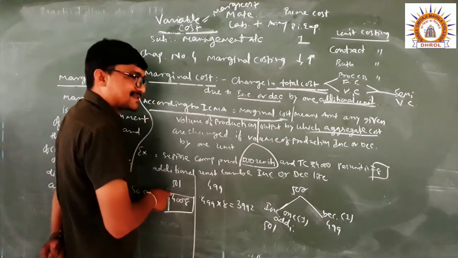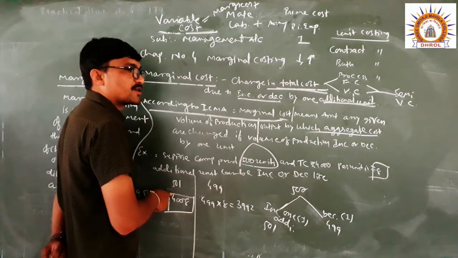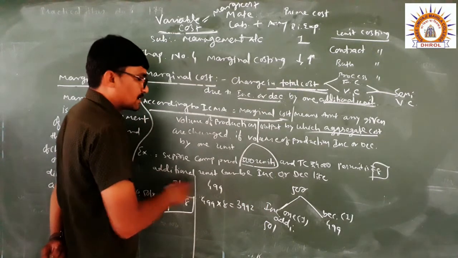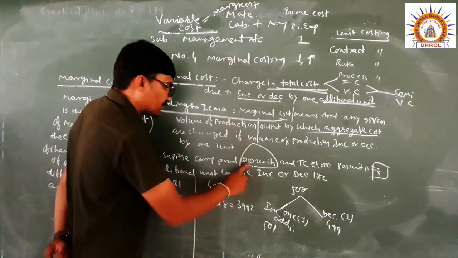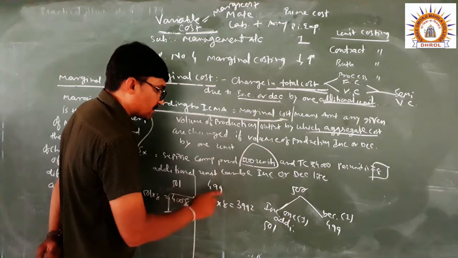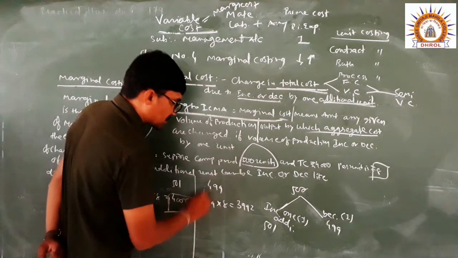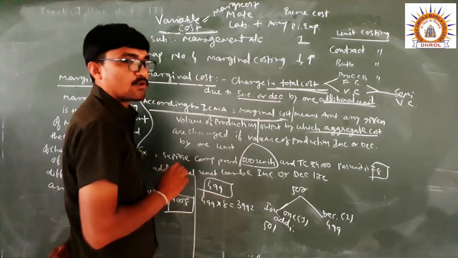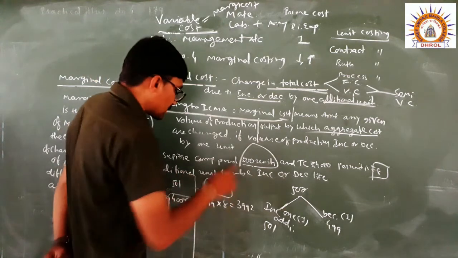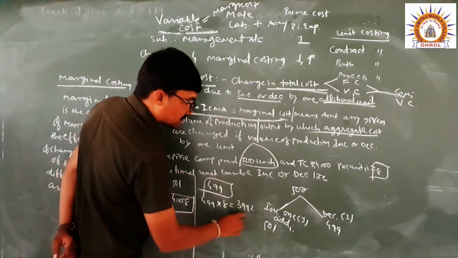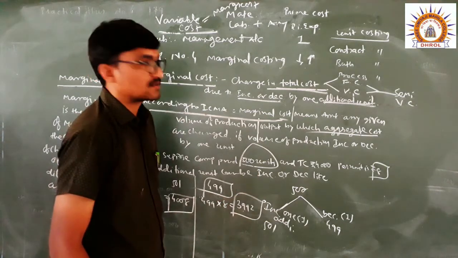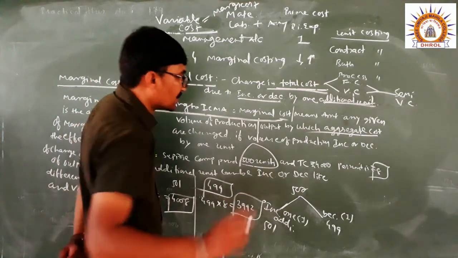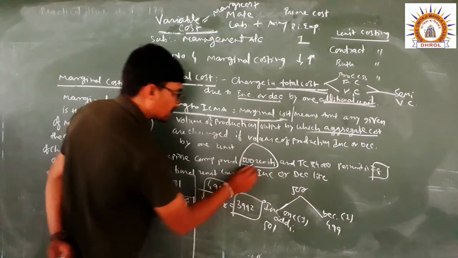This is if the additional 1 unit is increased from 500 units. Then suppose the company decreases 1 unit; the answer is 499. In that case, what will be the total cost? The total cost here is 3992.